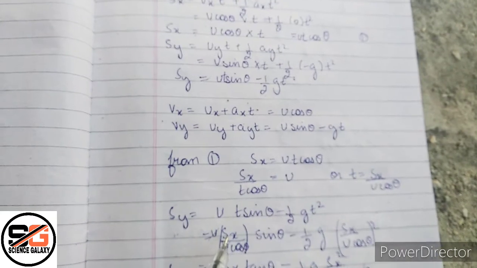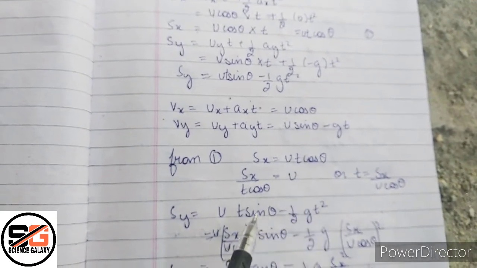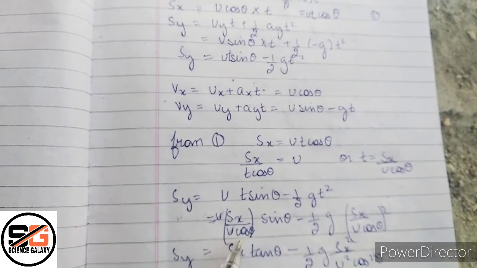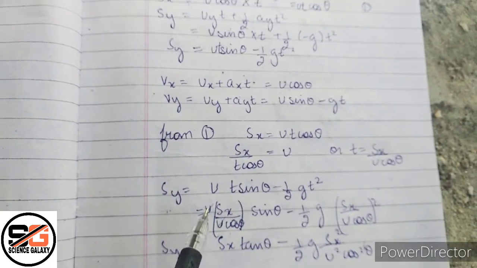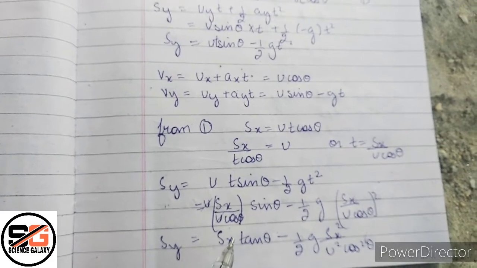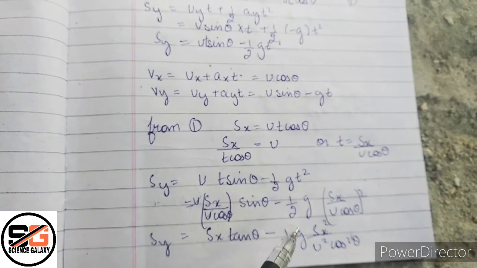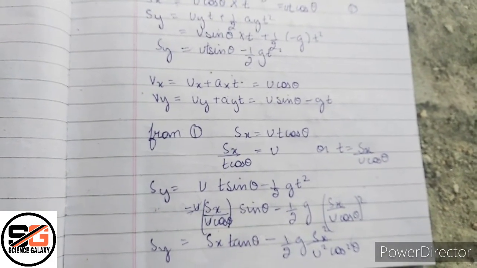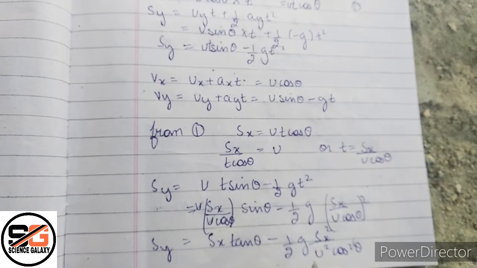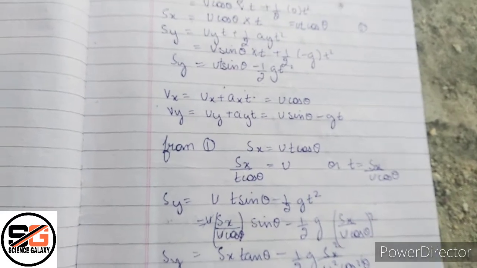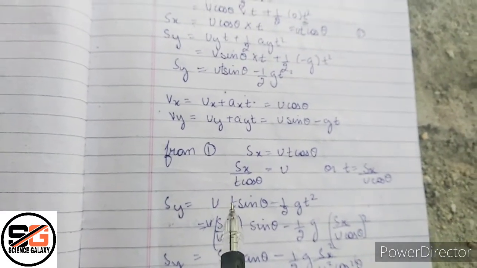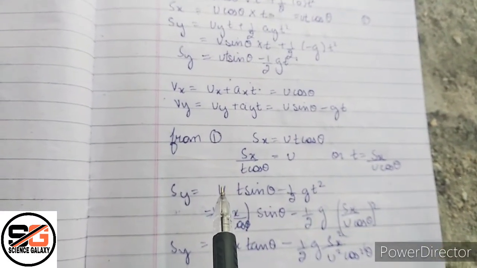Here we substitute the value t is equal to Sx upon u cos theta, and we get Sy is equal to Sx tan theta minus 1 by 2 g Sx square by u square cos square theta. This is the equation of a parabola, hence it covers a parabolic path.